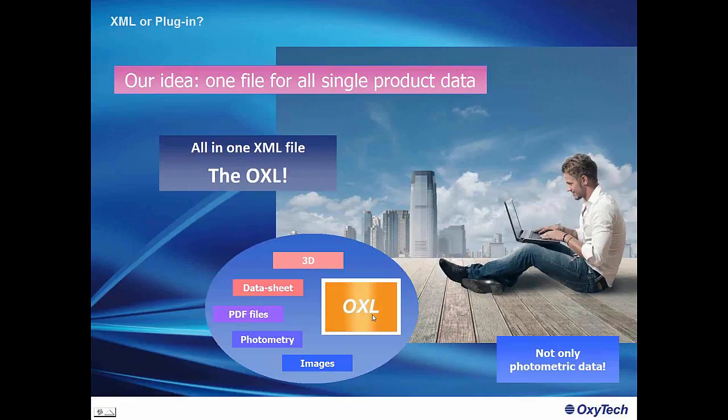So our idea: one file for all single product data, all in one XML file. Our experience started a few years ago analyzing the development of the ULUM data NIS files. Why? Because we consider them too limited in terms of how many parameters they could manage.